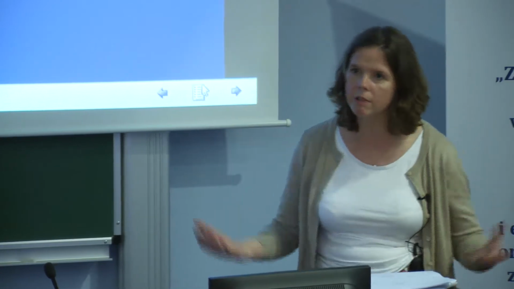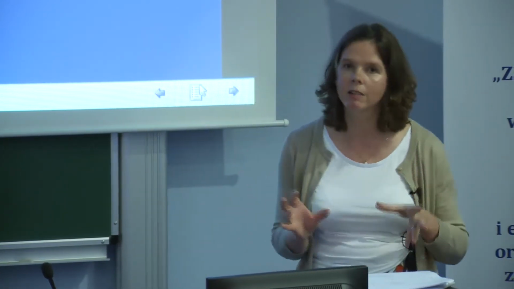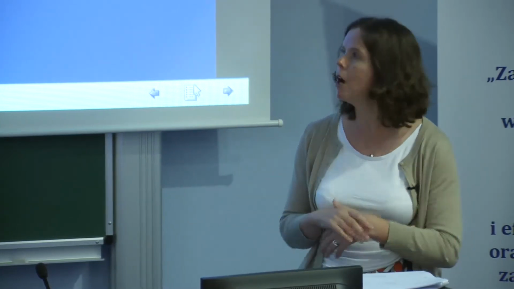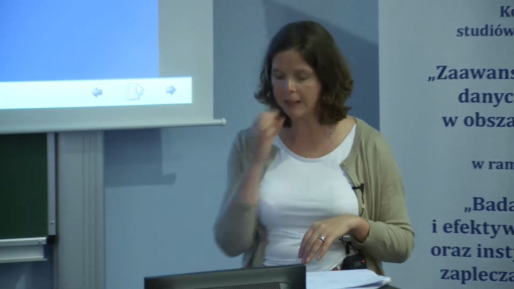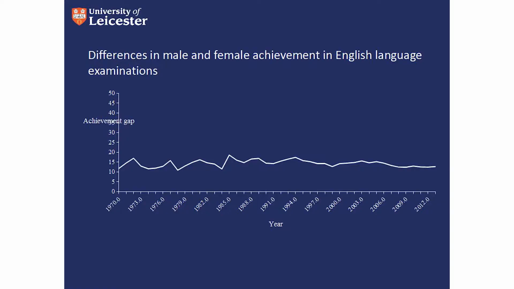So lots of explanations were put forward for this sudden, catastrophic failure of boys to excel in school. But if you look at the data over time, you can see that there was never a golden age at which boys outperformed girls in many subjects in school.